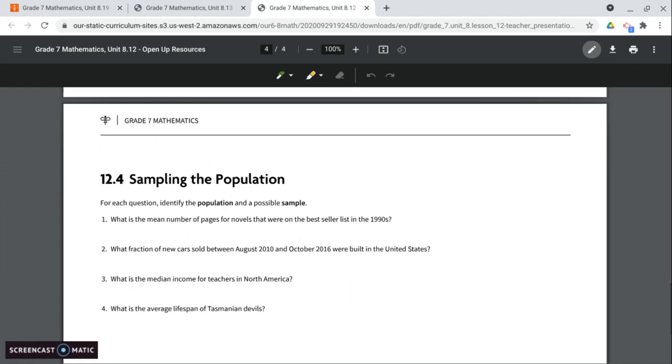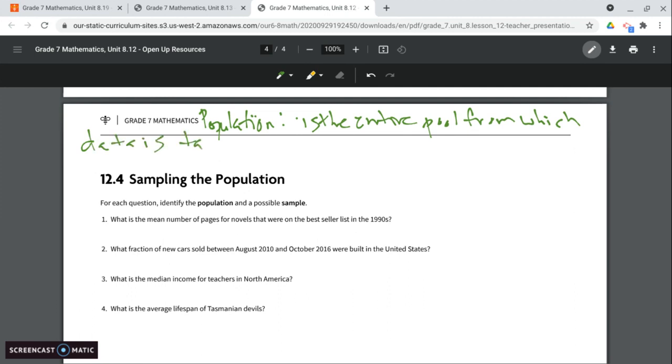So what does population mean? A population is the entire pool from which data is taken.